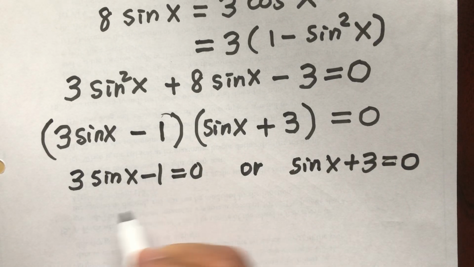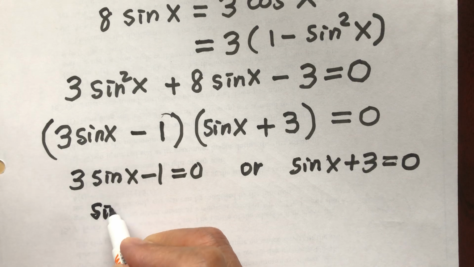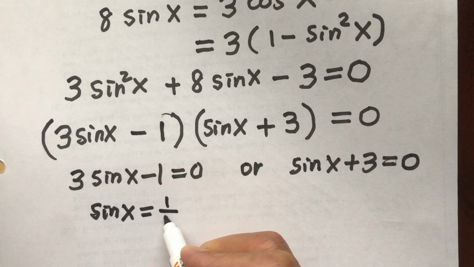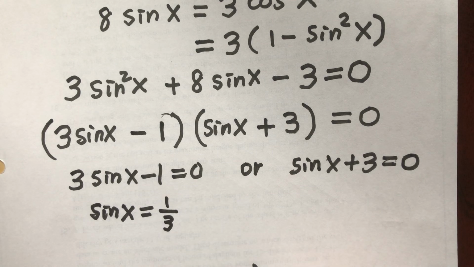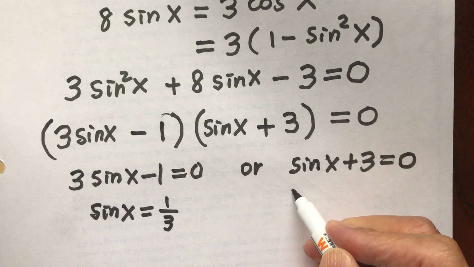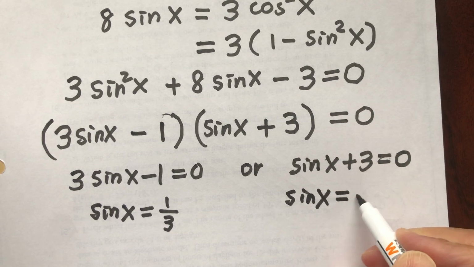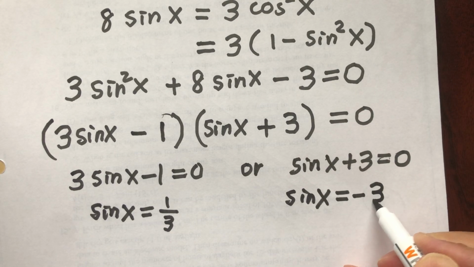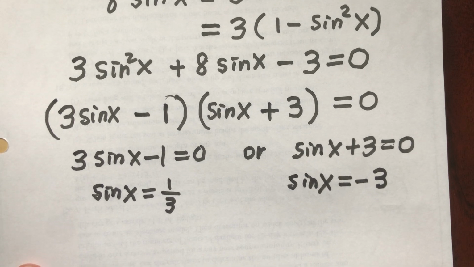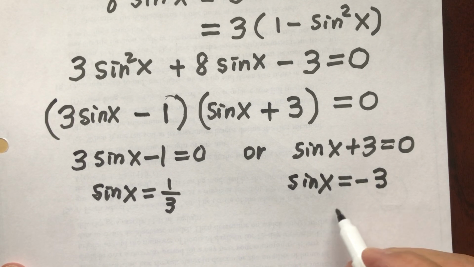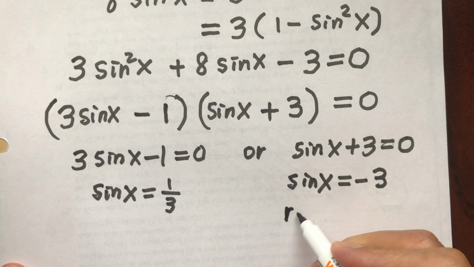If this is 0, sine x is 1 over 3. If this is 0, sine x is negative 3. But sine x can never be negative 3. So this answer will be rejected.